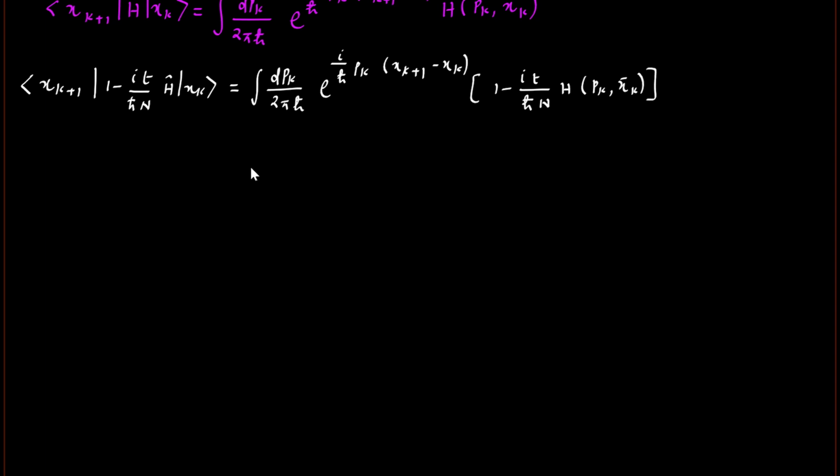Okay, fine. But here this t by n is nothing but the delta t. So when this n tends to infinity, then this delta t tends to 0.